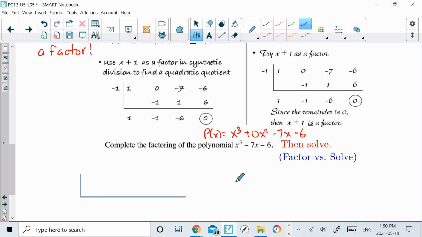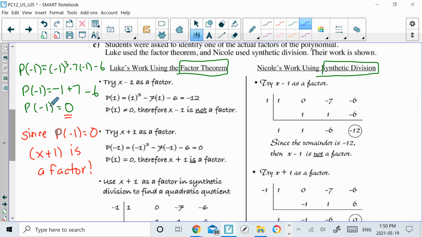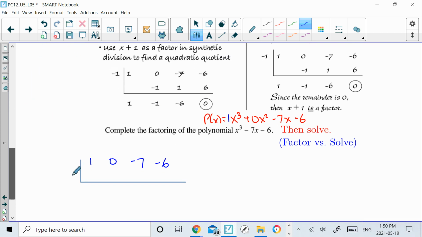So set up using synthetic division, your upside down division bar, and you're going to put a 1, a 0, a -7, and a -6. I just showed using the factor theorem that x plus 1 is going to be a factor. So I'm going to take that -1, because I've just proved that, and use that here.